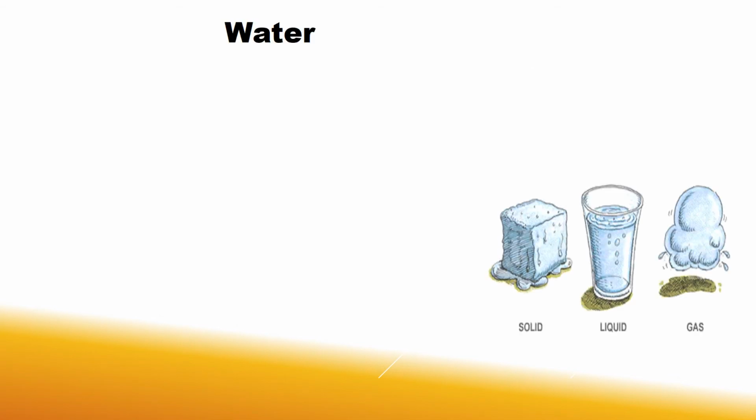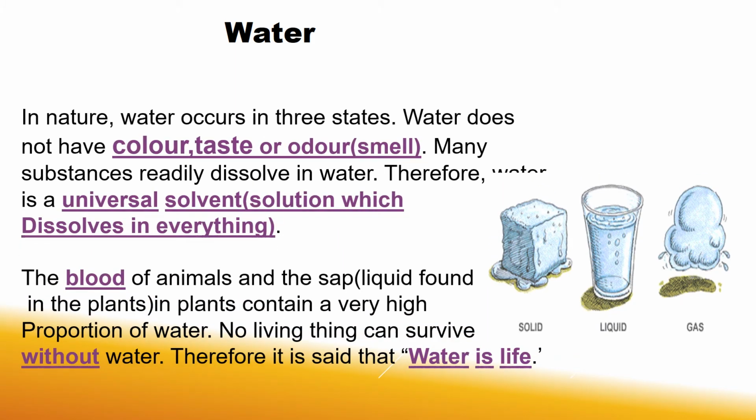Now, children, water. Students, what do you see in the picture? Yes. In nature, water occurs in 3 states. How many states, children? 3 states.